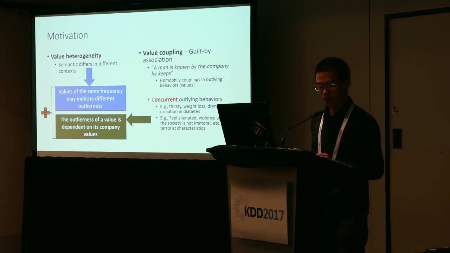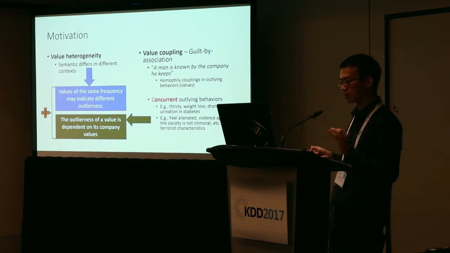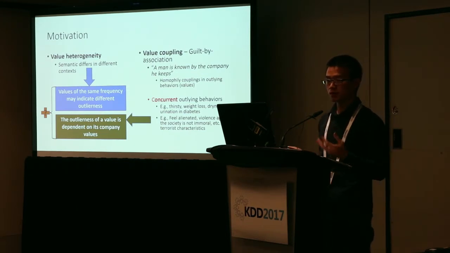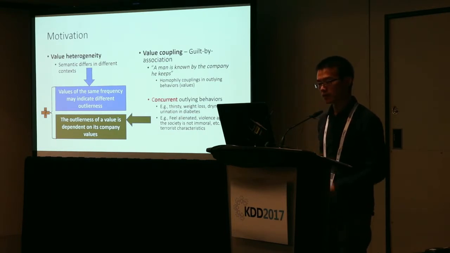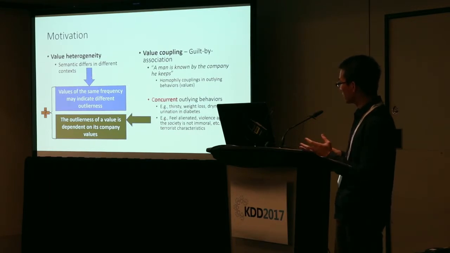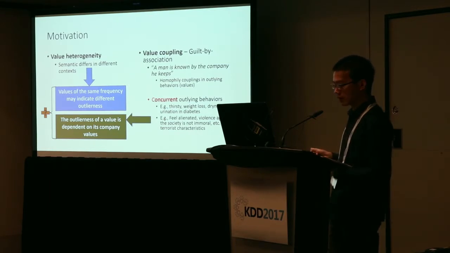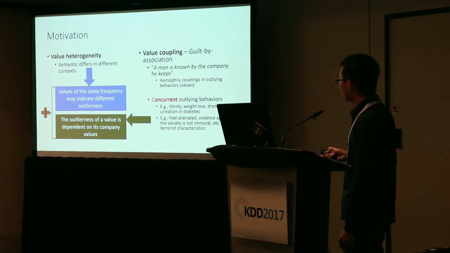But in the traditional categorical data outlier detection, they simply assign the same outlierness to such kinds of values, but you can very straightforwardly sense their semantics is very different. Another perspective is value couplings.